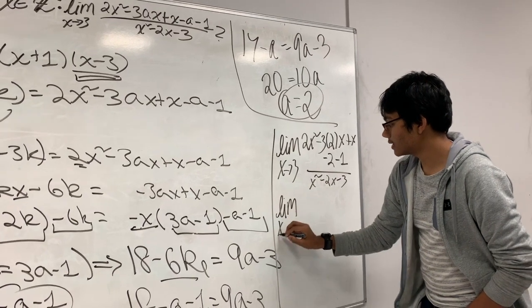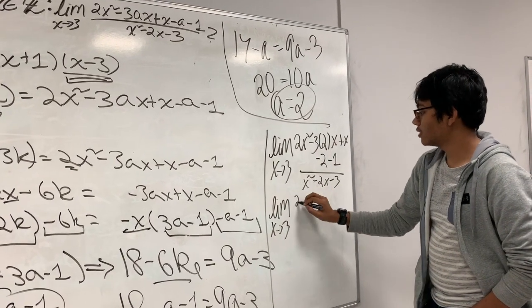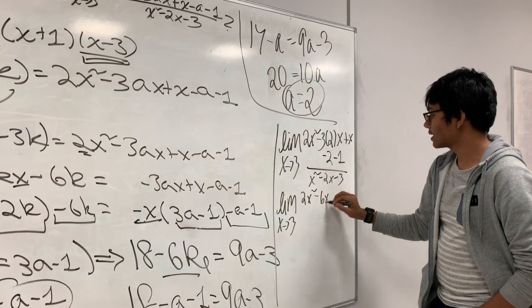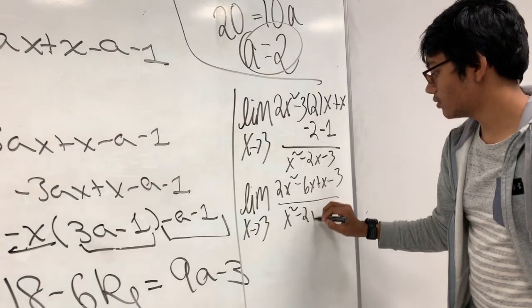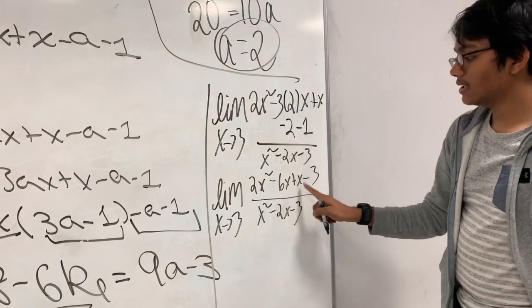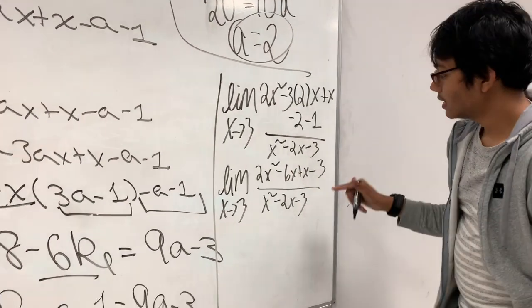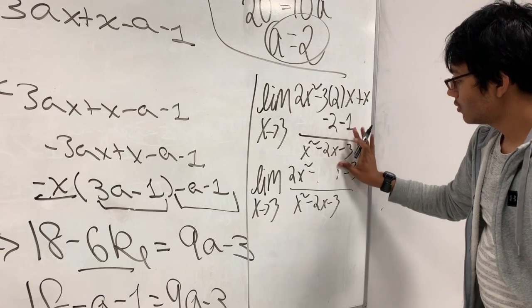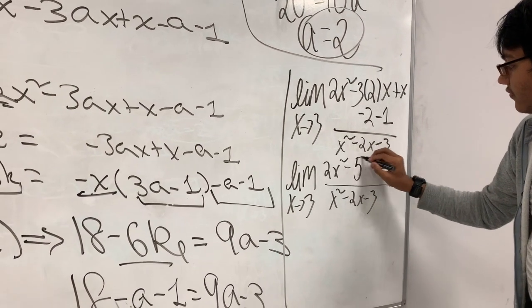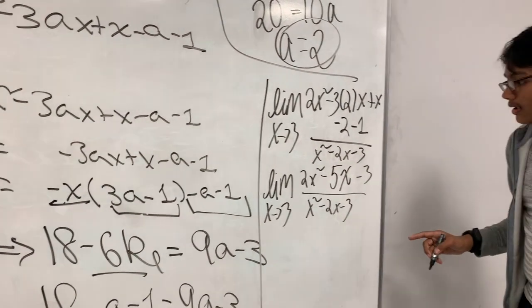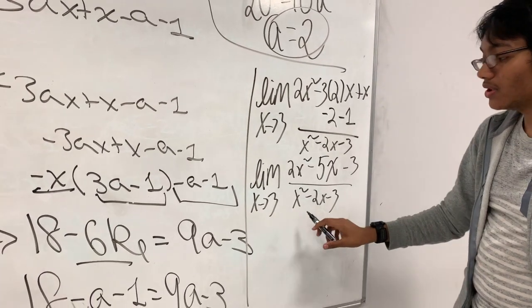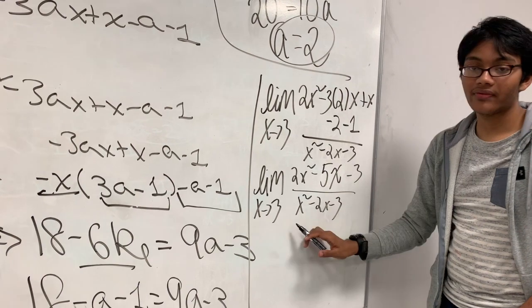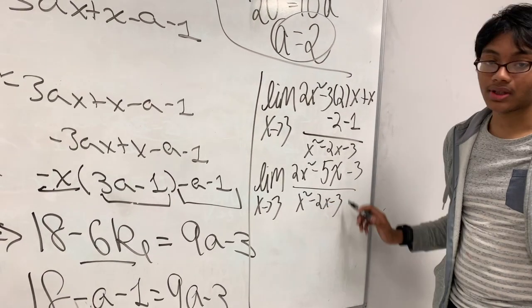Well, I have the limit as x approaches 3 of 2x squared minus 6x plus x minus 3 over x squared minus 2x minus 3. Minus 6x plus x simplifies to minus 5x. We are almost done, but if you still plug in 3 over here, it will give you an undefined value because you'll have a 0 in the denominator.